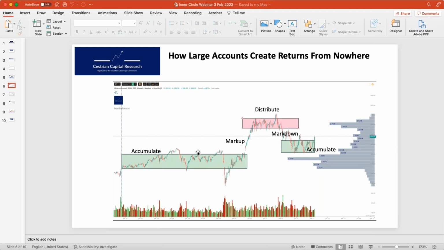And the way to use this cycle is, because most stock market operators don't have the capital to move these markets by themselves, if you can learn to spot how large account players are doing this, you can trail just a little bit behind them and ape the behavior. Of course, you won't know the exact day they're buying and selling, but you can work it out at a distance without too much of a lag, certainly with so little a lag that you can pretty much play the same game.